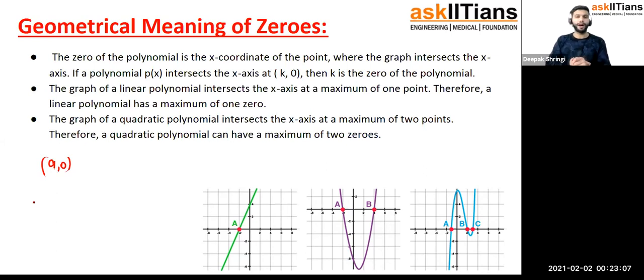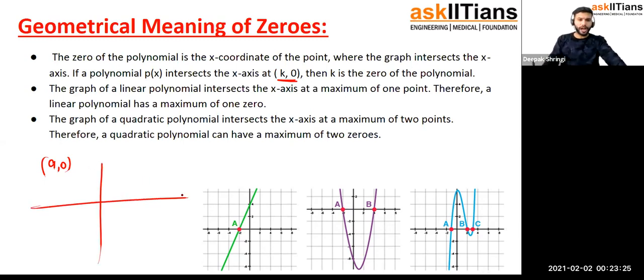Okay, now a very important point, guys, just think about that. If x equals a, and here in this definition it's written k, that's fine, right? So if x equals a, y equals 0, where is the point going to lie in this whole Cartesian plane, x-axis, y-axis, when its y coordinate is 0?